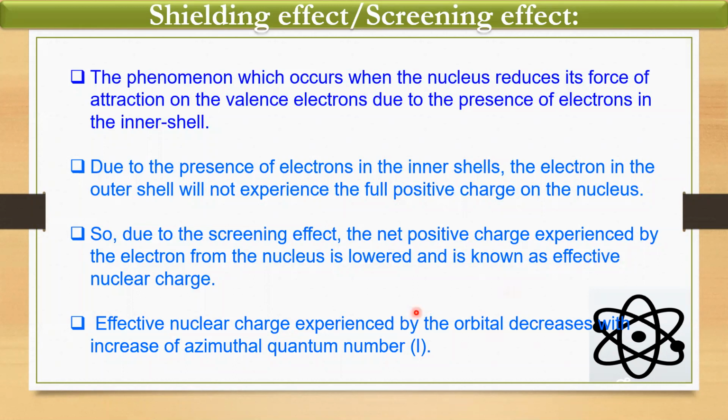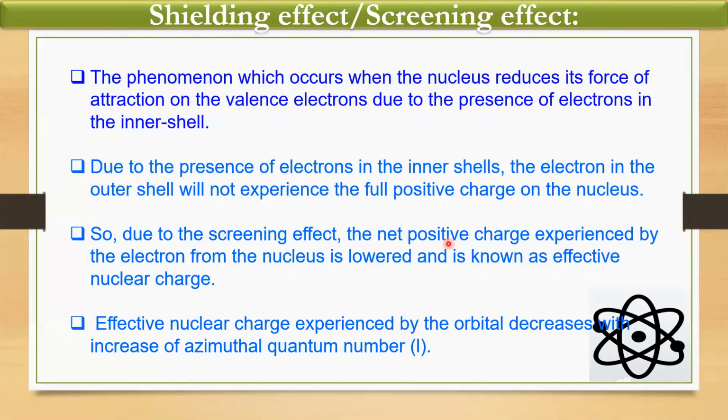Next, a very important topic: the shielding effect, or screening effect. Basically, this is seen in the d orbitals when we have higher atomic numbers. It is the phenomenon which occurs when the nucleus reduces its force of attraction on the valence electrons due to the presence of electrons in the inner shell. Now, what is a shield?